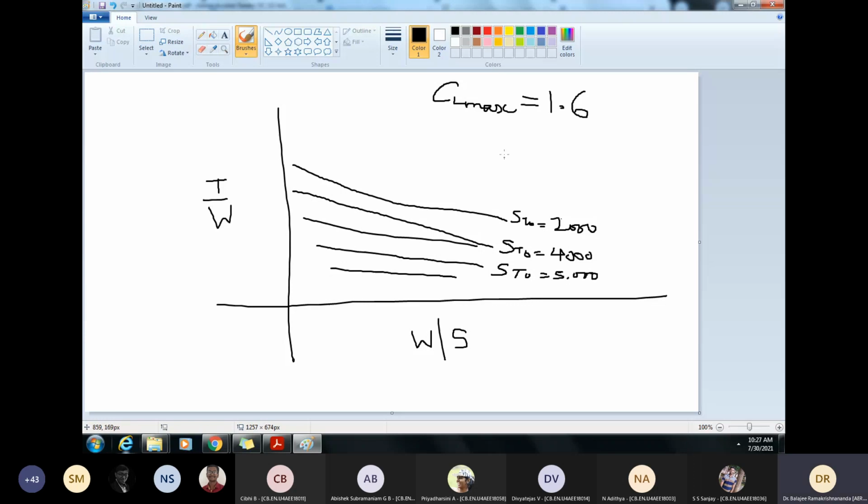Suppose S takeoff is 4,000. Suppose there is a constraint on that. You are taking off from Mumbai and the aircraft has a limitation of 4,000 feet runway length. So you can take around 70% of that, which is 2,800 feet. So you draw something for 2,800 feet also.